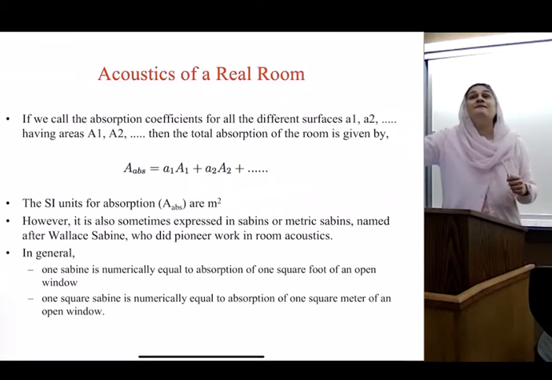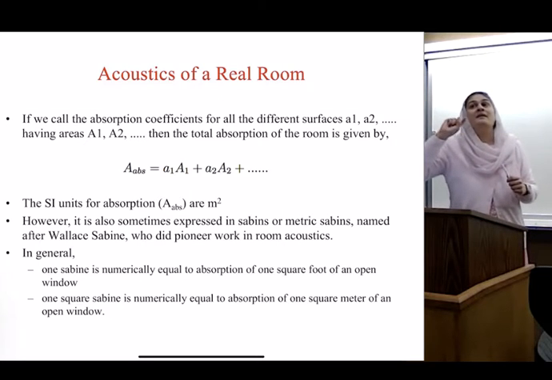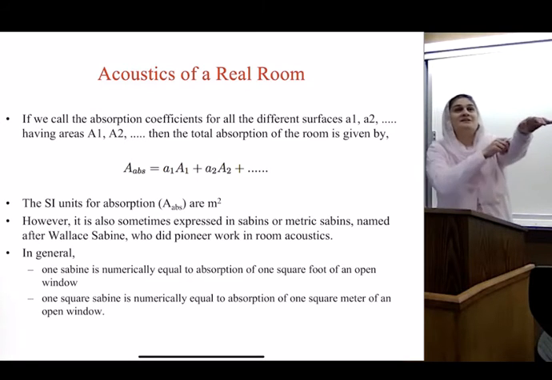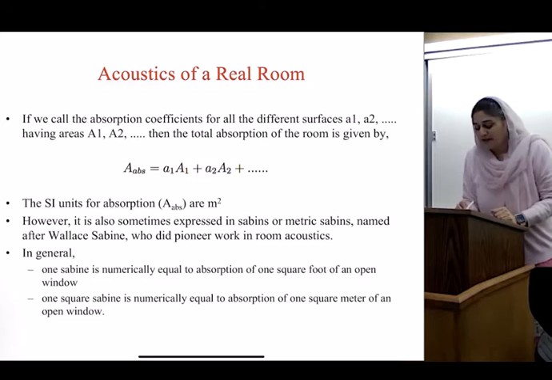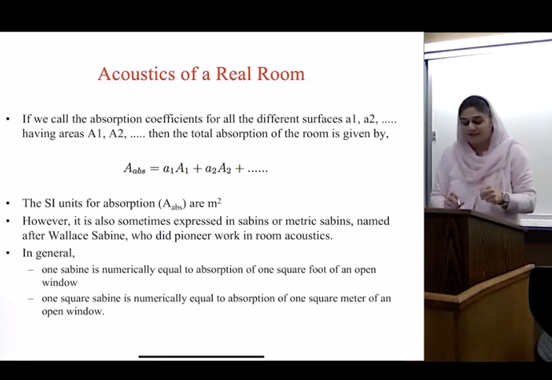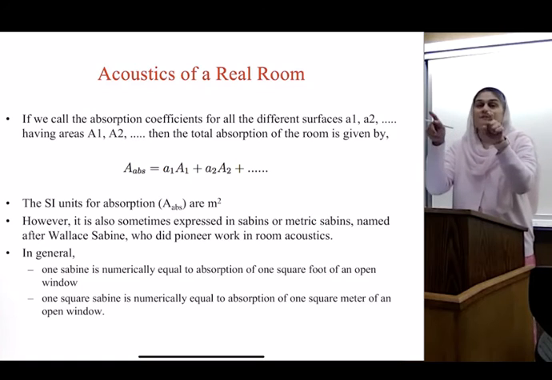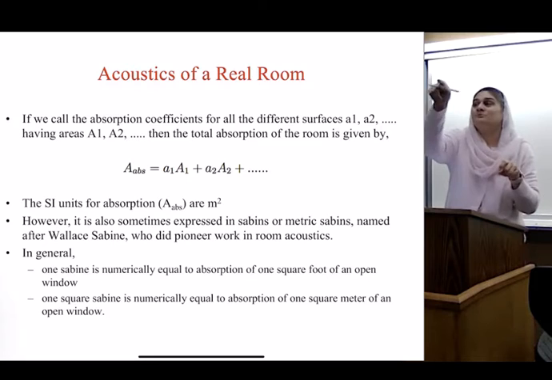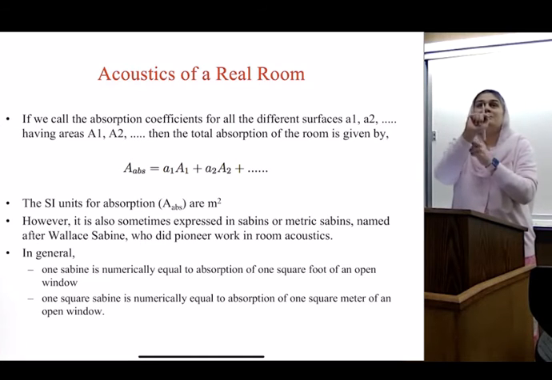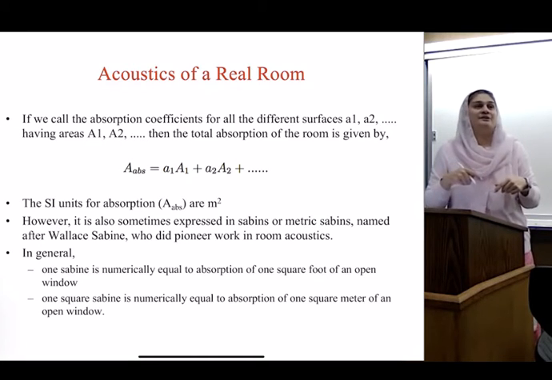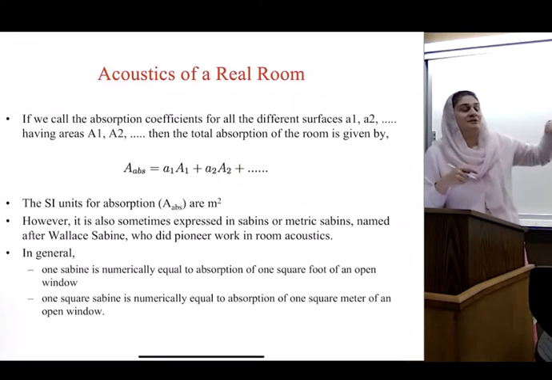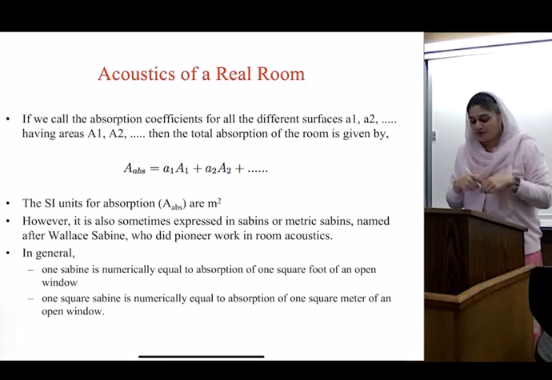When you have many things in a room, the way you would find the absorption is by multiplying A1 by a1, where the a's are the absorption constants of the different surfaces, and the A's are the areas of the different things. For example, every chair in this room has its own absorption constant multiplied by the area of each chair. Same thing with the carpet. This carpet has a particular area, and so we will use those.